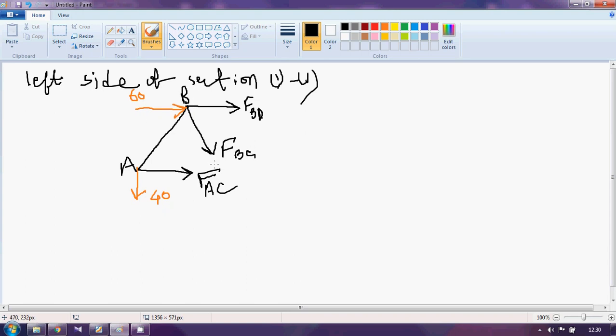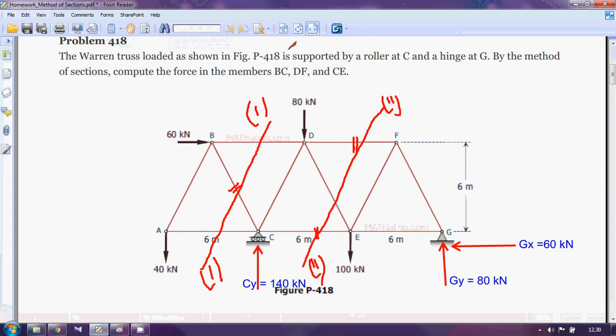This is an inclined force, right? In our last class we have seen that if you have an inclined force, you can easily resolve it into two components. How? This is my member force BC, so I need this angle theta. If I know this angle, then one force will be like this and one force will be like this.